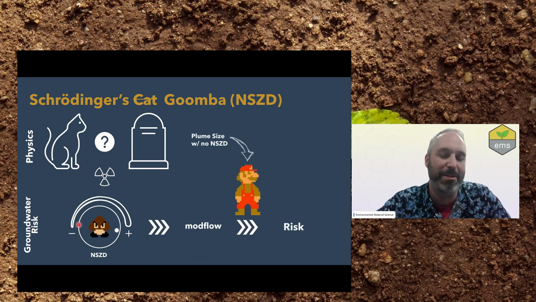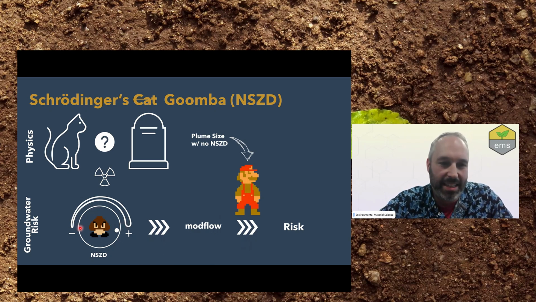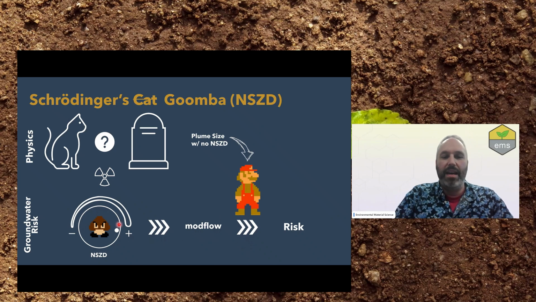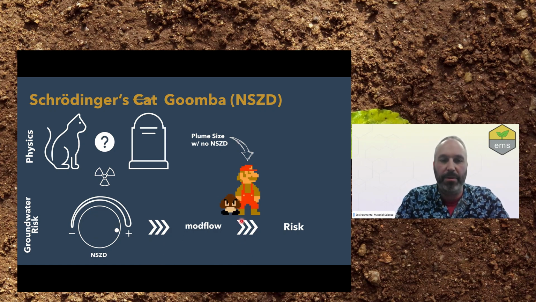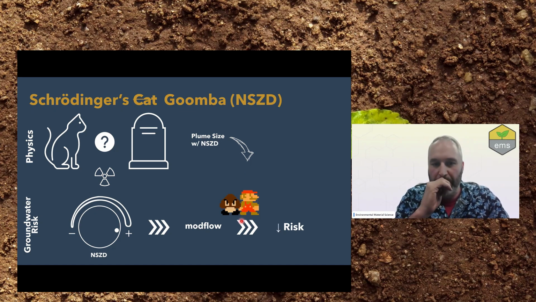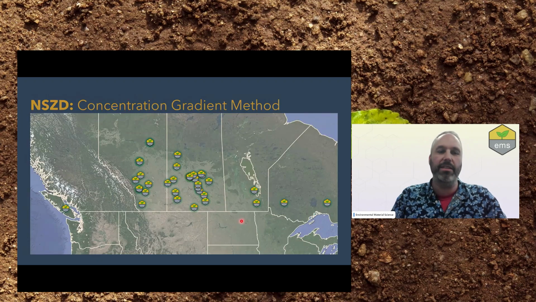We'll keep the Super Mario Brothers theme going. That likely it's some non-zero number. We don't quite know what it is. And if we don't incorporate this into our groundwater modeling, we're overestimating what our plume size is going to be in time. But if we include that NSD parameter, we're reducing our plume size, and that means that we're actually reducing our risk, which is a good thing.